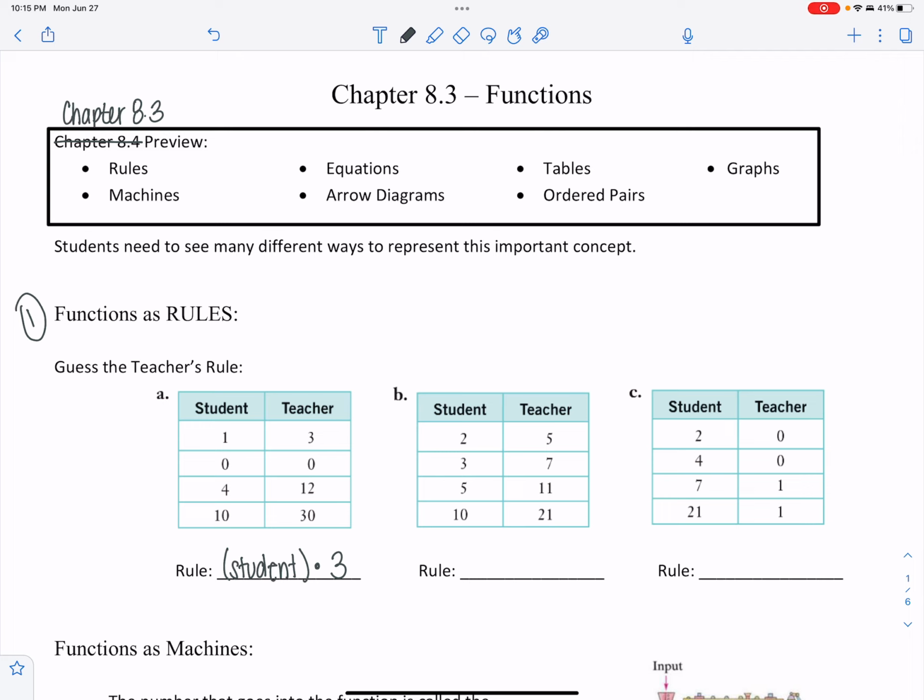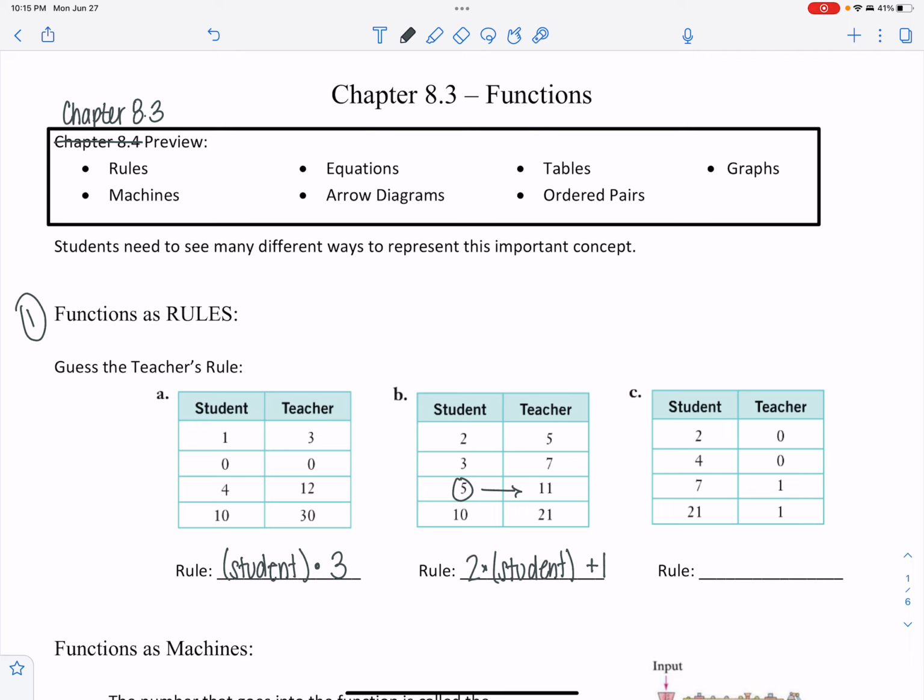This one's a little bit more difficult because it's two steps, but you are going to multiply 2 times the student number and then add 1. So if the student says 5, you would say 2 times 5 is 10, plus 1 gives me 11. Letter C normally trips up my students.